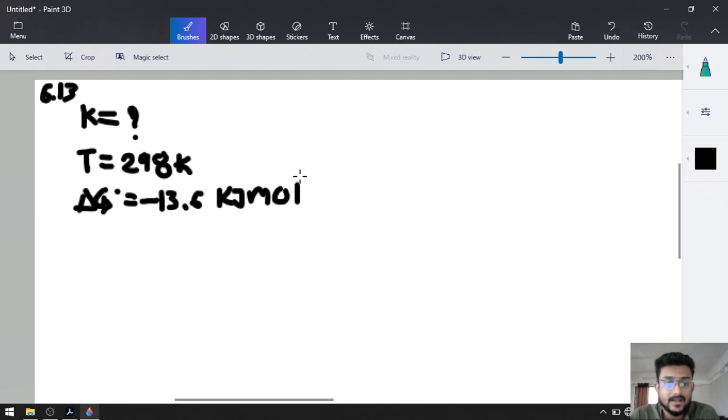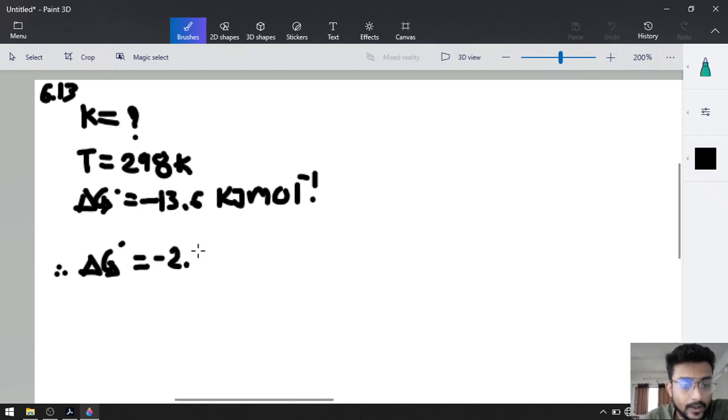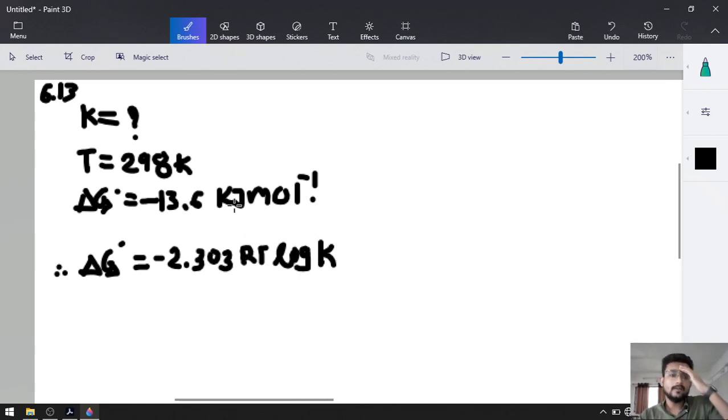And in the last lecture we discovered the relation between equilibrium constant and delta G naught, and that was delta G naught will be equal to minus 2.303 RT log K.